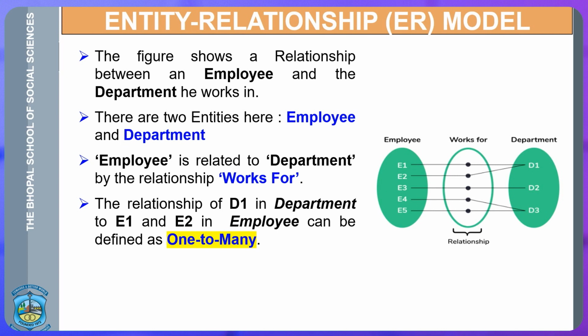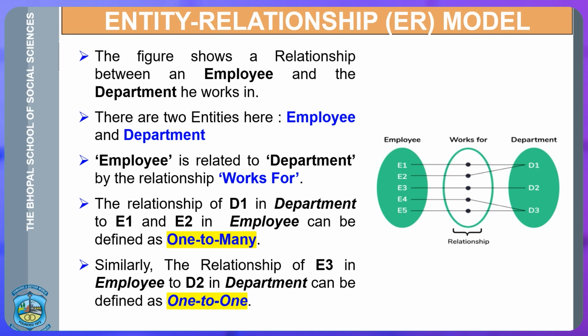One department has many employees. Similarly, in the same diagram, E3 is directly connected to D2 and there is no other entity connected to D2. That means this is called one to one association or one to one cardinality. One entity of one set is connected to one entity of the other.